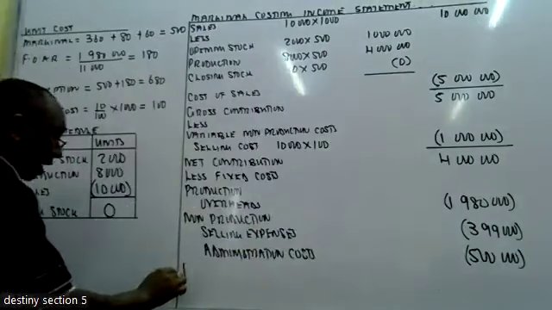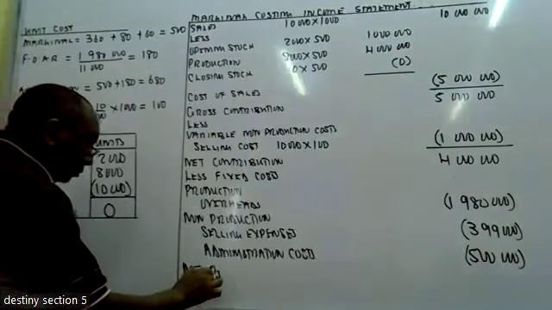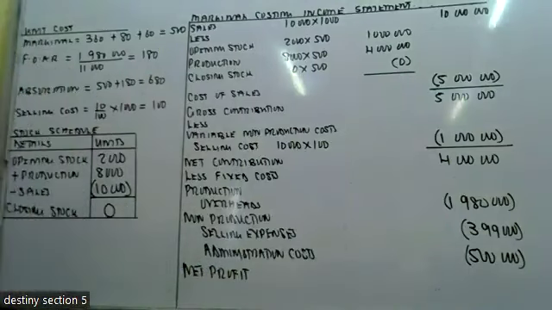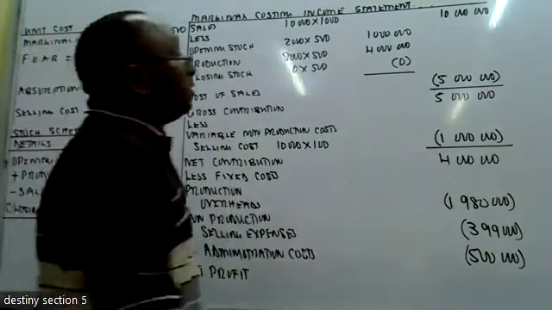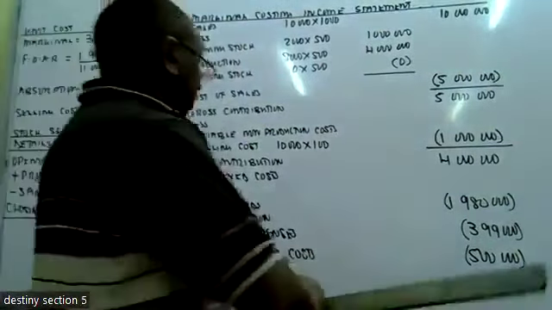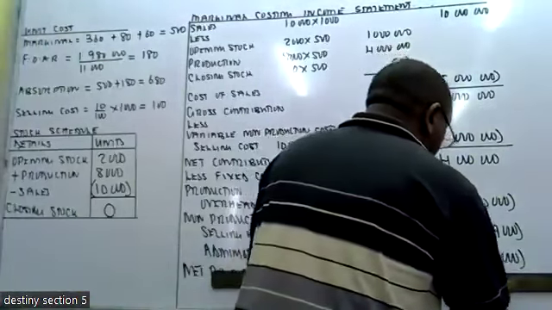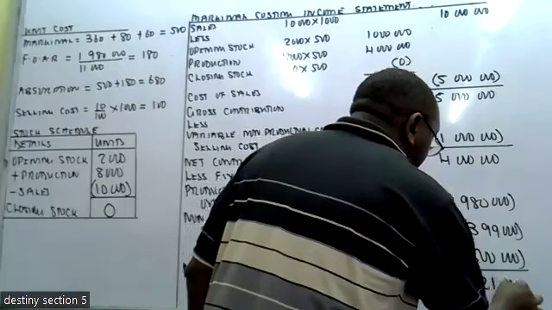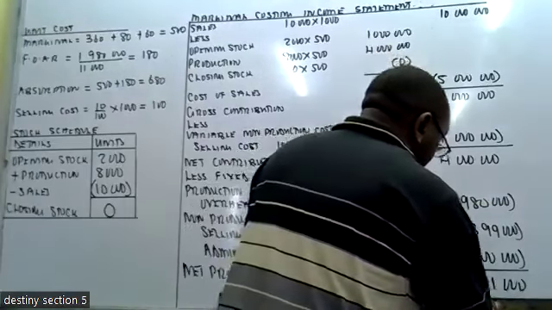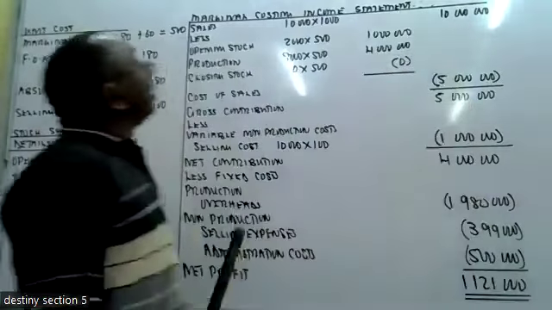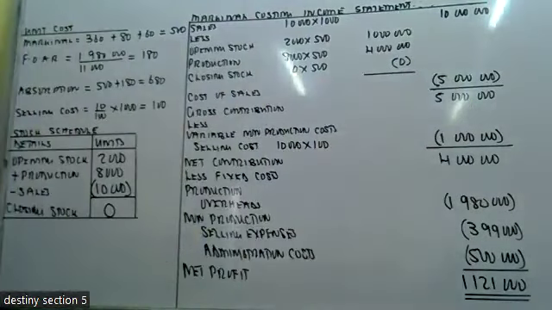And with that, now we have our net profit. Net profit of how much? $1,121,000.